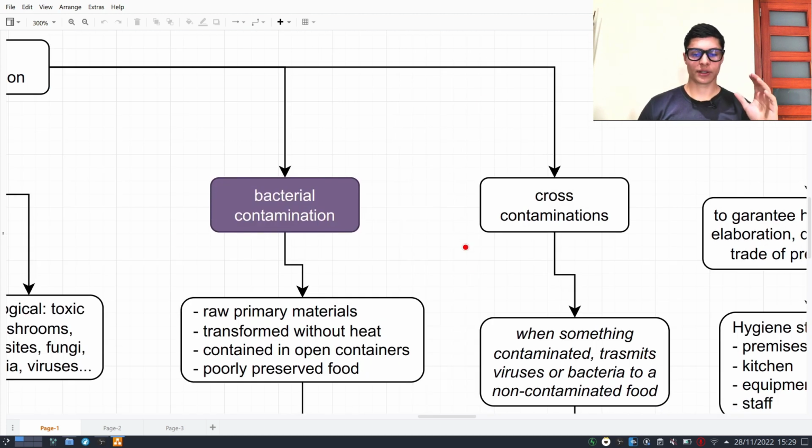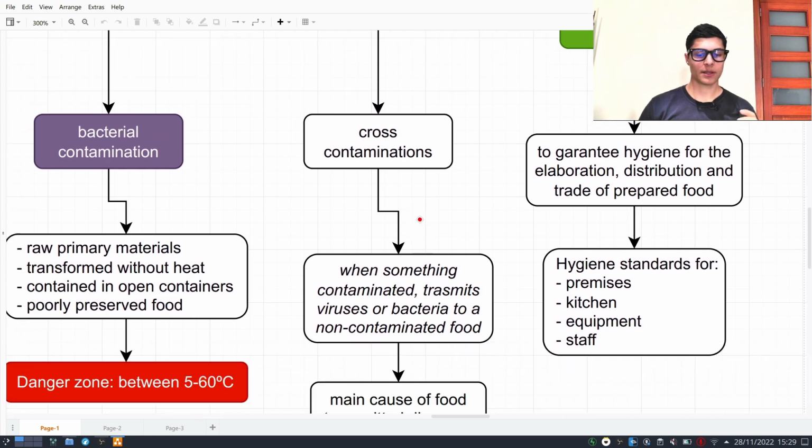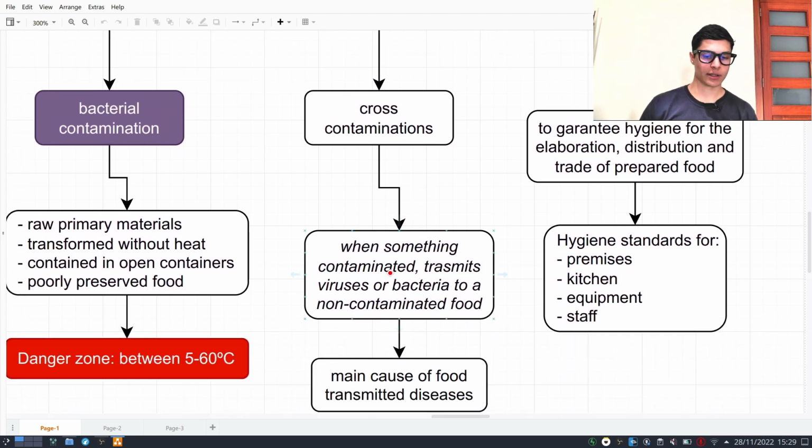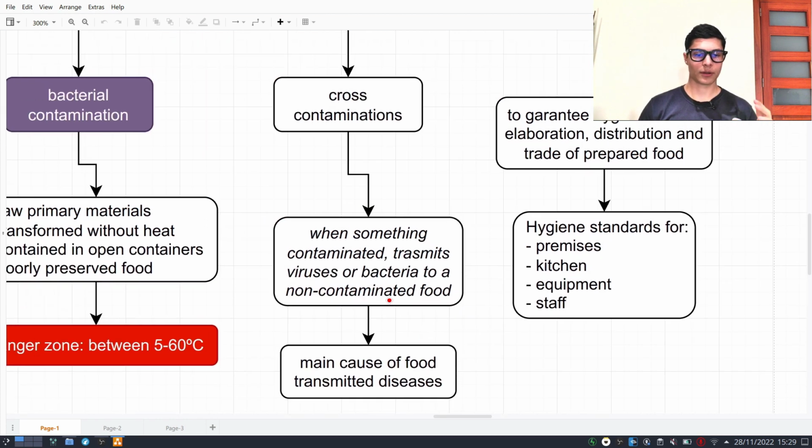Then you have to know this concept of cross-contamination. This is when something contaminated transmits viruses or bacteria to a non-contaminated food. And this is the main cause of foodborne diseases. Cross-contamination is, for example, when we cut some turkey or some chicken, and then in the same place, we cut up some vegetables.